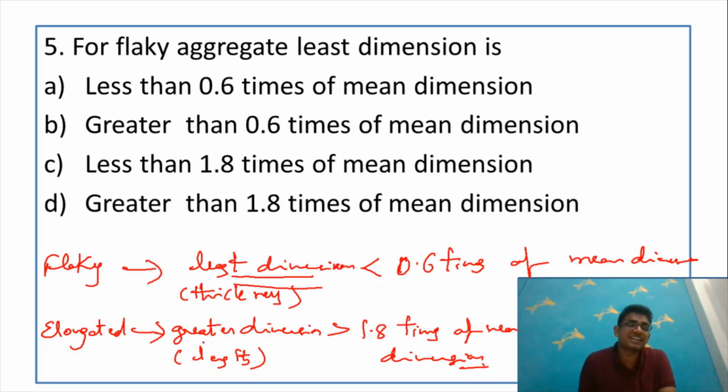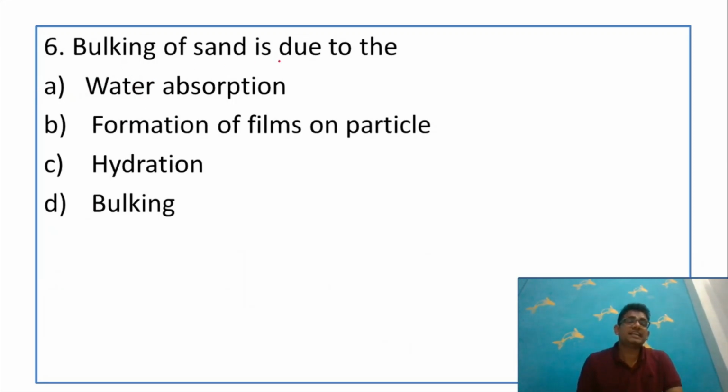For elongated aggregate, greater dimension, that means length, is greater than 1.8 times of mean dimension. So if they ask for flaky aggregate, least dimension is, what will be the answer? Less than 0.6 times of the mean dimension. Suppose they ask for the elongated aggregate, then the answer will be greater than 1.8 times of mean dimension. That's the thing.